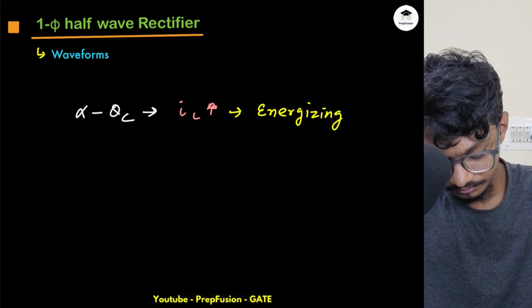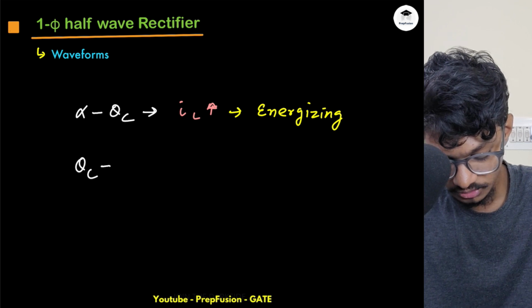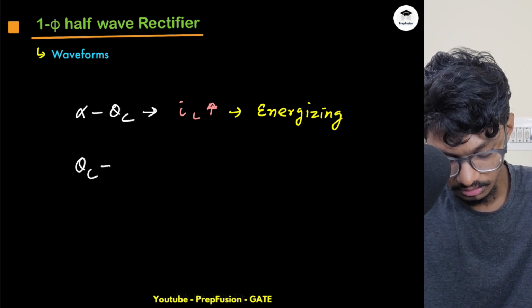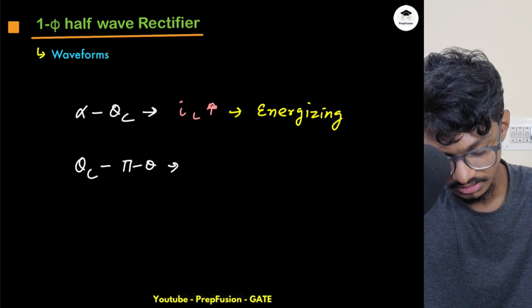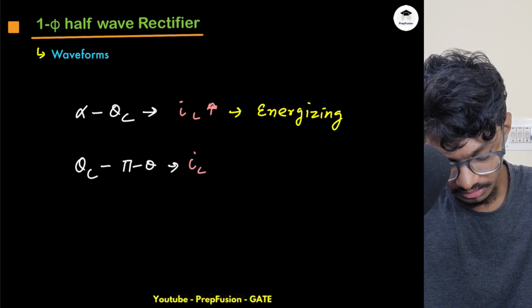Then from theta c to pi minus theta, what can I say? My IL will reduce. Why?